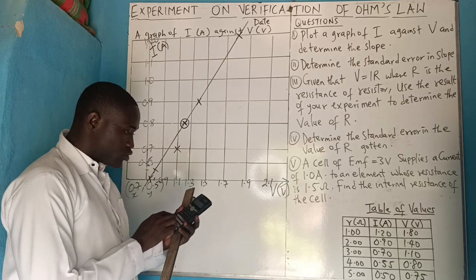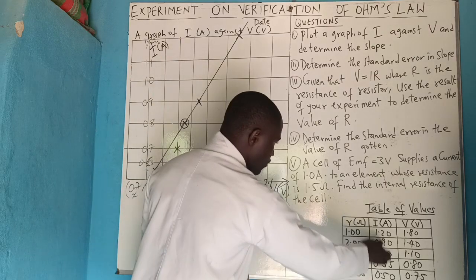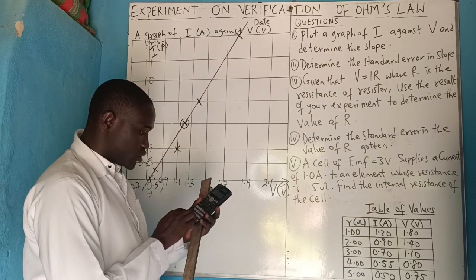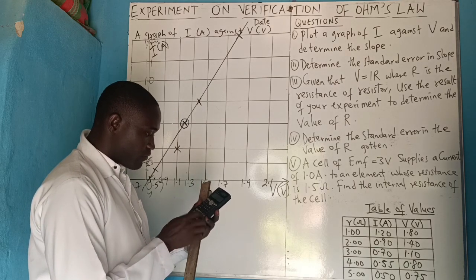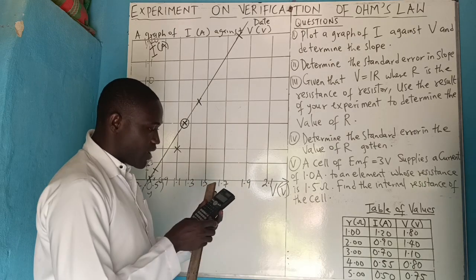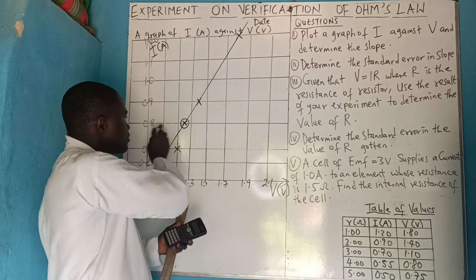I say 1.2 plus 0.9, that is this one of current, plus 0.7 plus 0.55 plus 0.5 divided by, how many are there? 5 readings divided by 5 to give you 0.8 approximately.